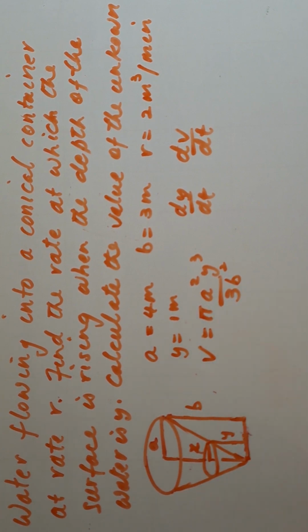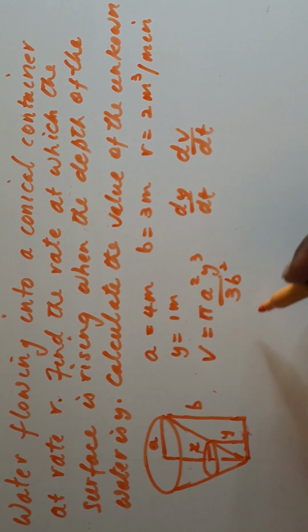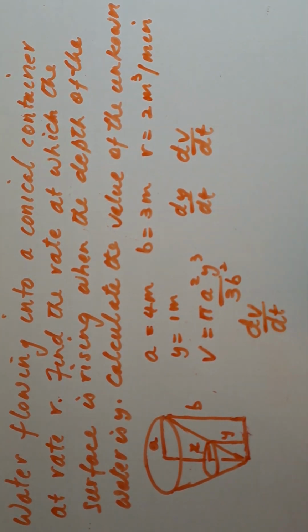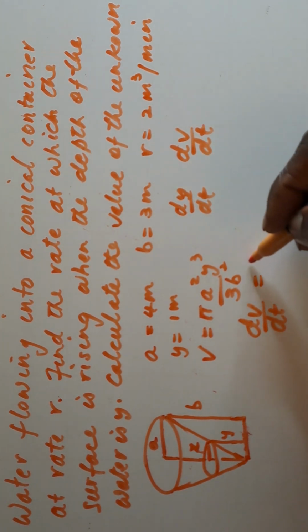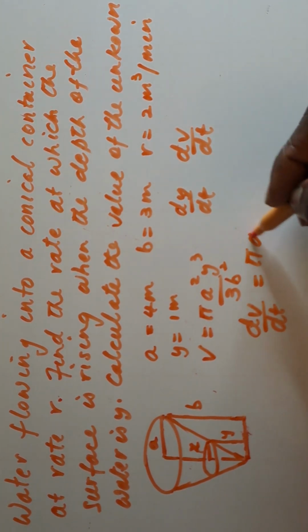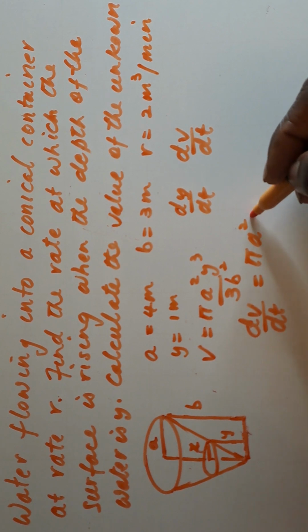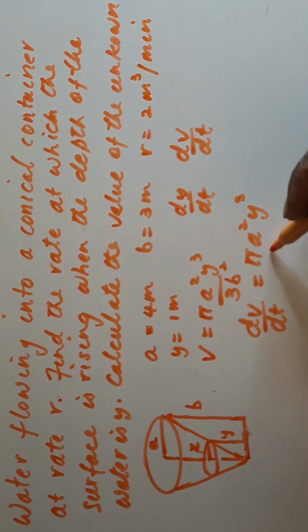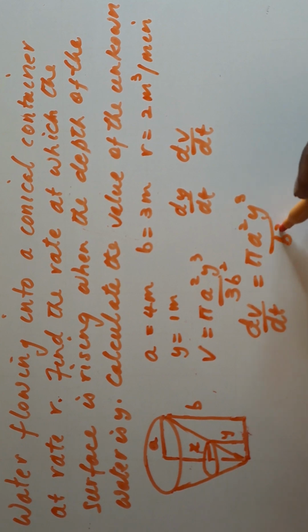V is this pi a squared y cubed over 3b squared. If we differentiate this, then we have that dV/dt is now equal to pi a squared y cubed over b squared.